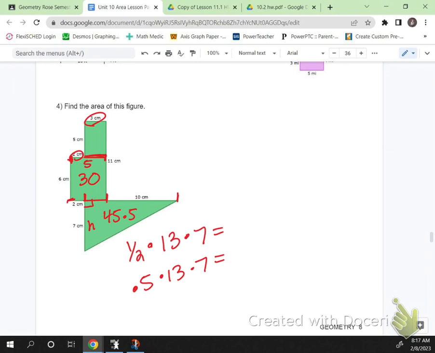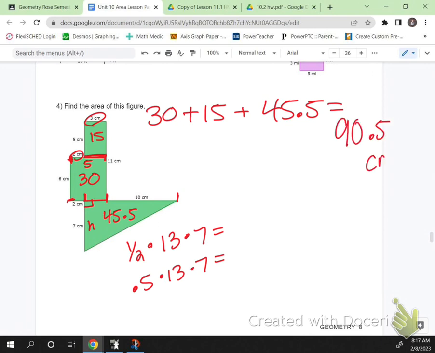This top one is 3 by 5, so it's got to be 15. Let's add them together. 30, 15, plus our triangle, 45.5 centimeters squared. So there's a composite problem with triangles.